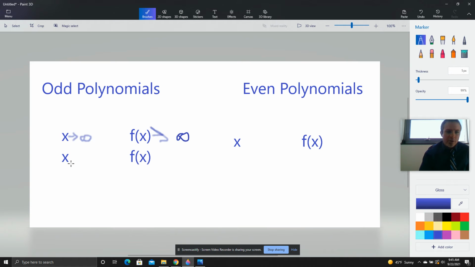So as I send my x to the left, this function goes down.